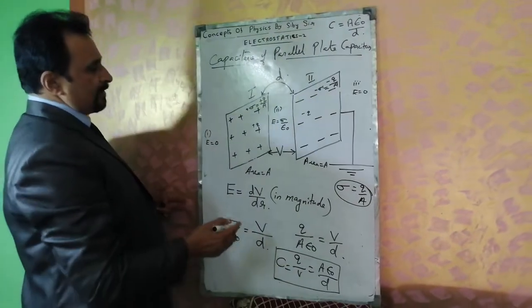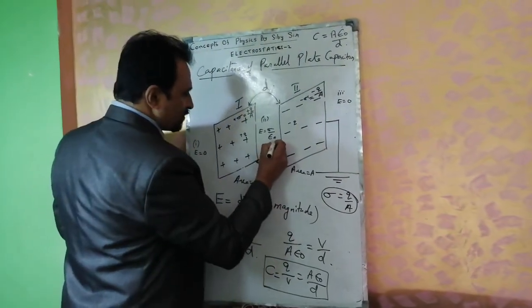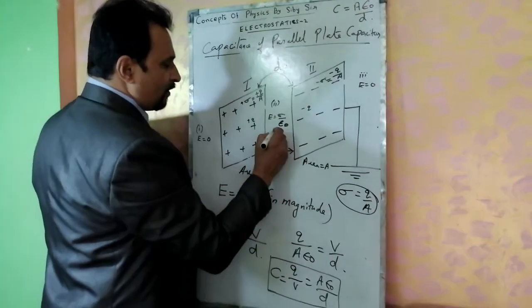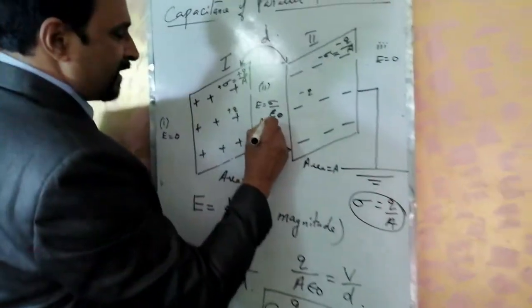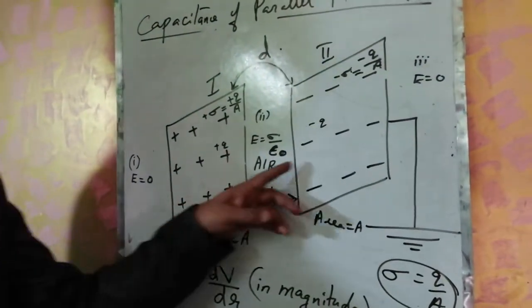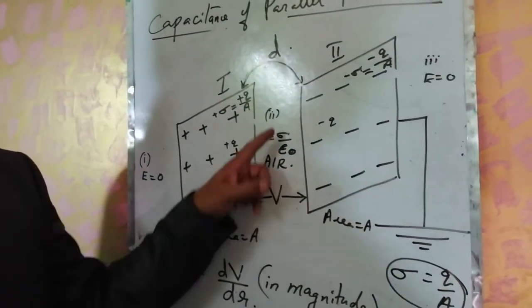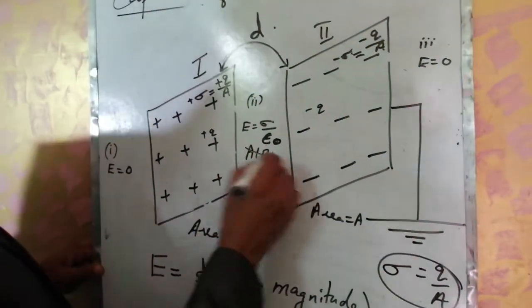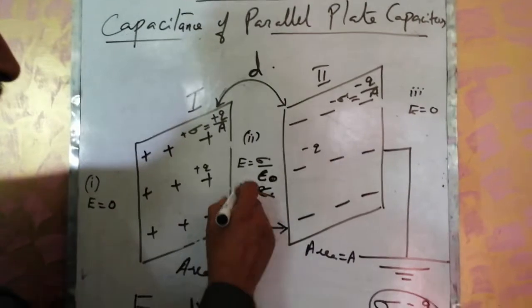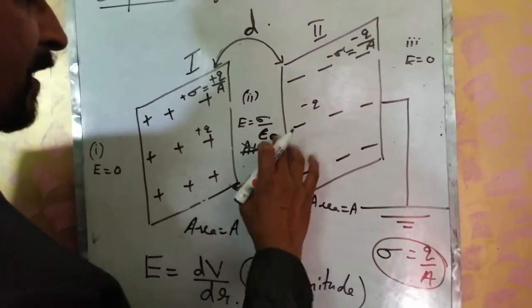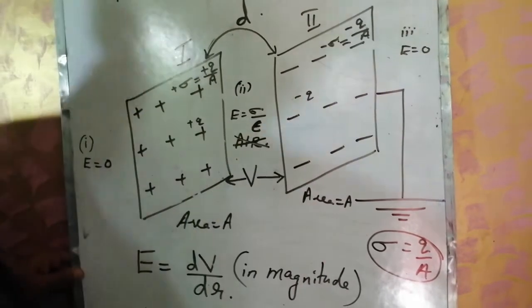Now there is a question. Here epsilon naught, what does this naught indicate? This is called absolute permittivity, for which the medium between the plates is air or vacuum. If air is the medium in between the plates, then it is sigma by epsilon naught. If the medium is other than air, in that case, instead of epsilon naught, what will come? Epsilon comes.